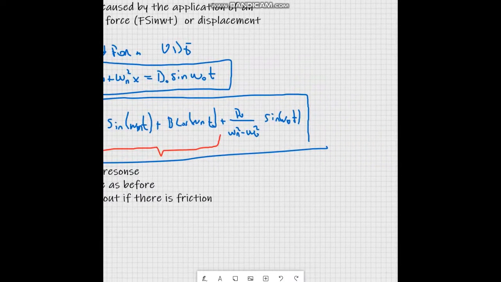Let's define the other term, the second term, which is here. This is the forced response.